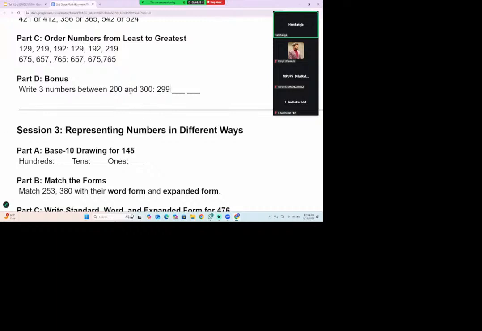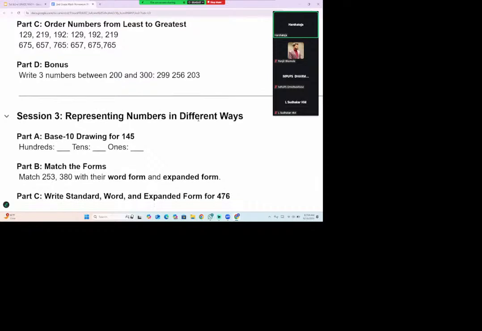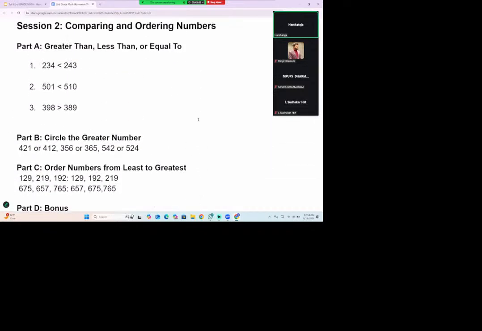So 299, that's a possible option. Now you can go any number greater than 0, 256. And lastly, any number greater than or equal to 0, and the ones place is what matters here.